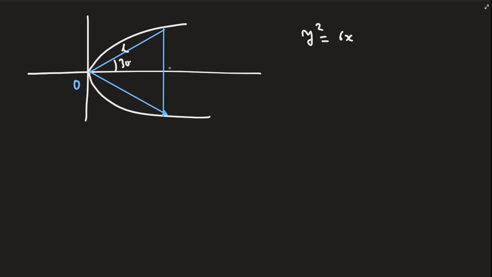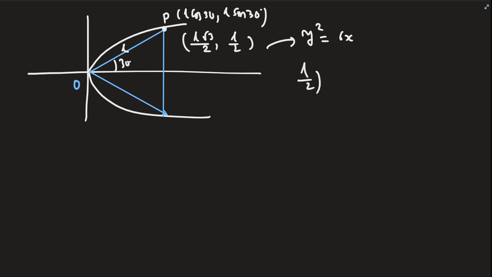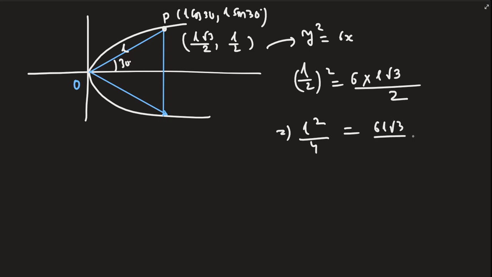I consider the side as L, so the point can be taken as L cos 30 degrees comma L sin 30 degrees. L cos 30 degrees is L root 3 by 2, and sin 30 is half, so L by 2. Now this point lies on the parabola, so L by 2 whole square equals 6 times L root 3 by 2. So now it is L square by 4 equals 6L root 3 by 2.